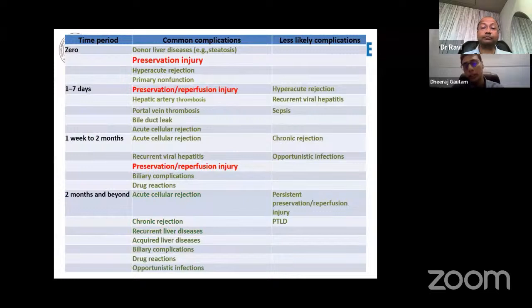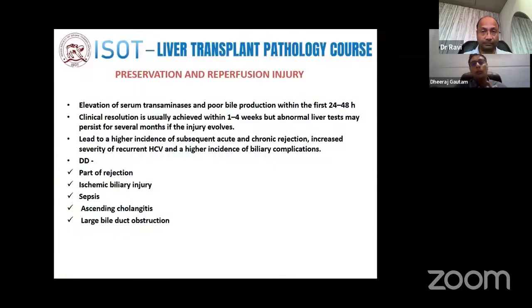So, today's topic is preservation injury. It can come into day 0, day 1 to 7, and 1 week to 2 months. So in all three timelines, it can be present. The clinical picture of preservation and reperfusion injury is elevation of serum transaminases and poor bile production within first 24 to 48 hours.